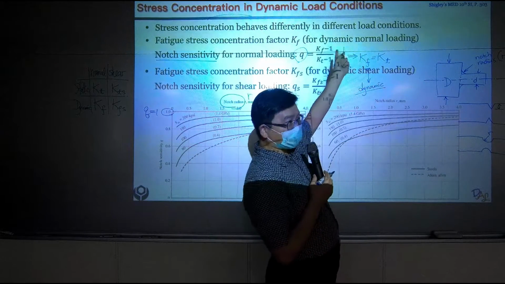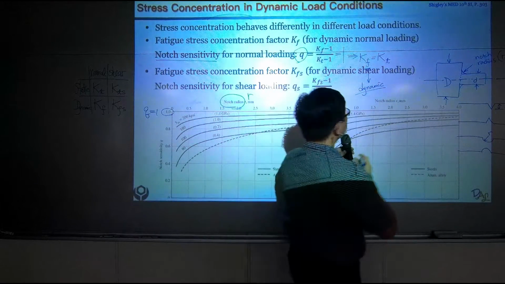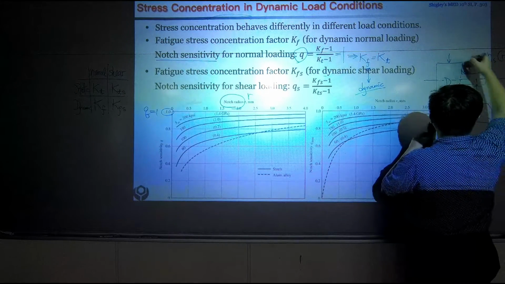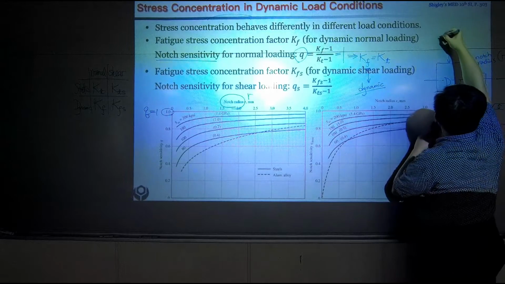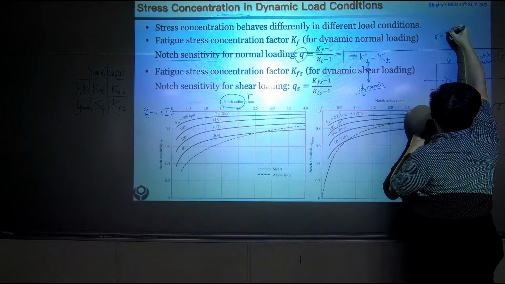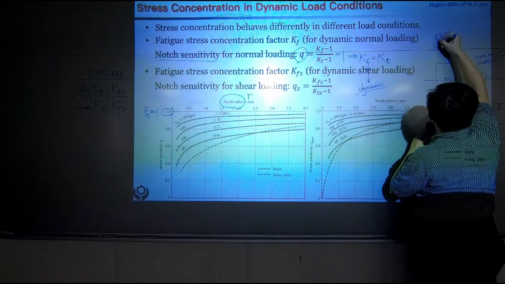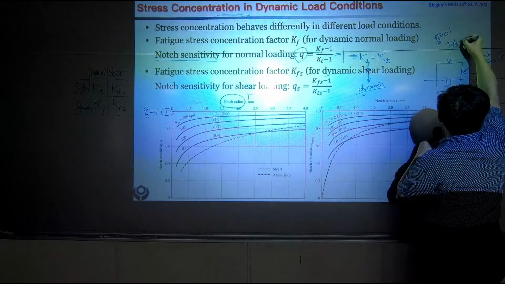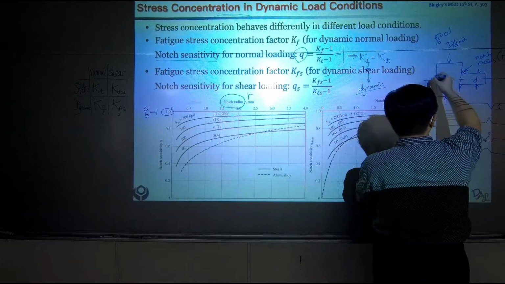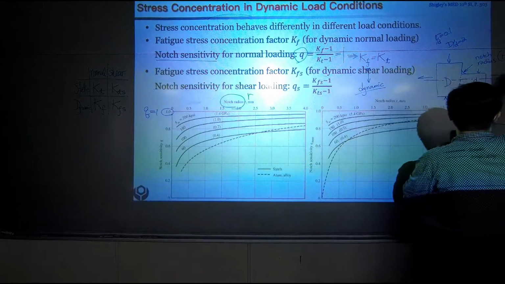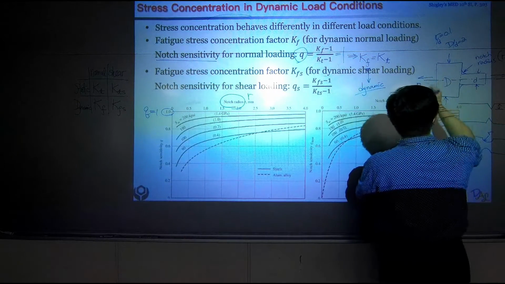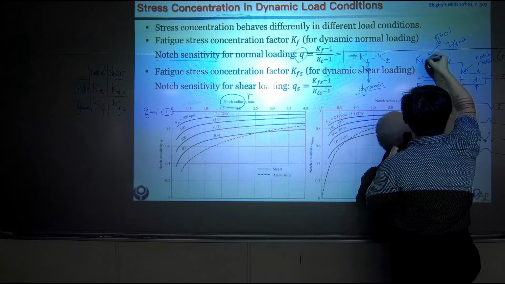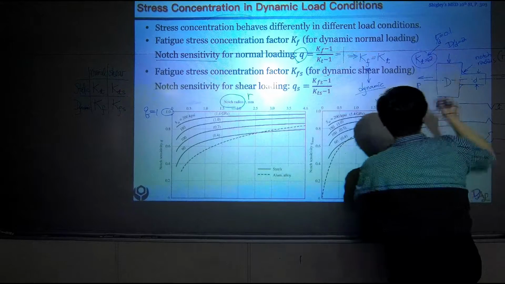So Kt was from the previous page. So if in one case, like what we show here, we said when R over D is 10%, and we said D over d is 2. This is what we had earlier, and we are pulling it. So we found Kt was 2.